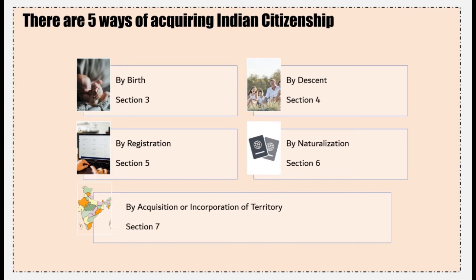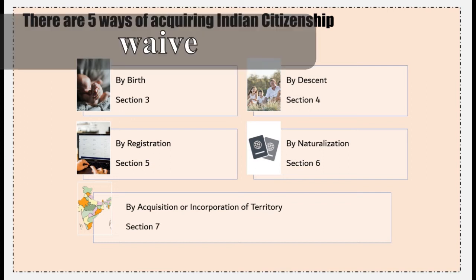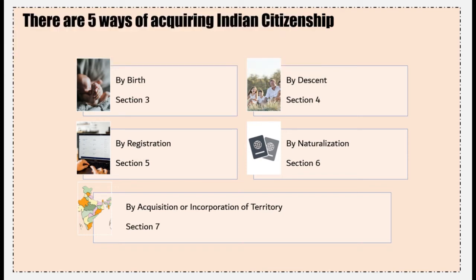If the applicant has rendered distinguished service in the field of science, philosophy, art, literature, world peace, or human progress, the central government may waive all or any of the above conditions for naturalization. If the applicant belongs to any of 6 religions and 3 countries, the 11-year requirement is relaxed to 6 years.